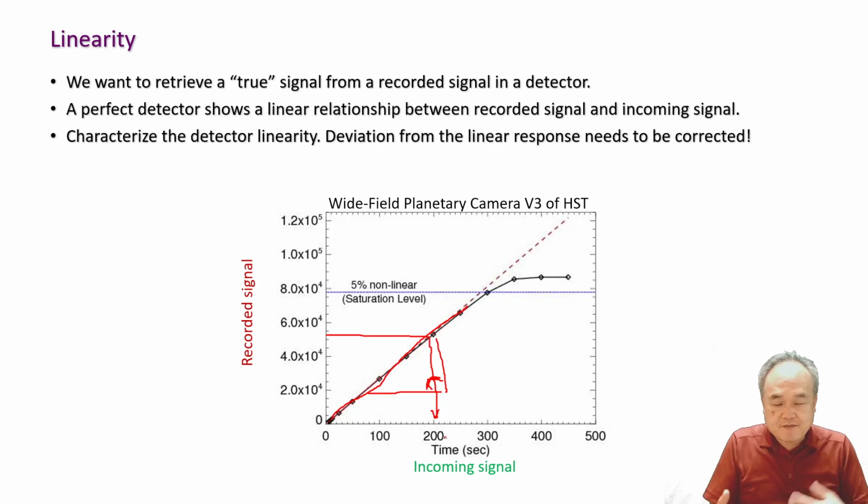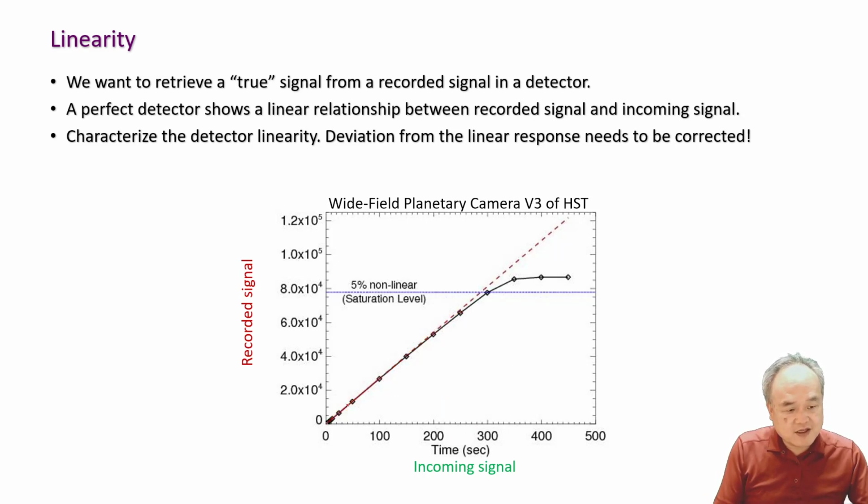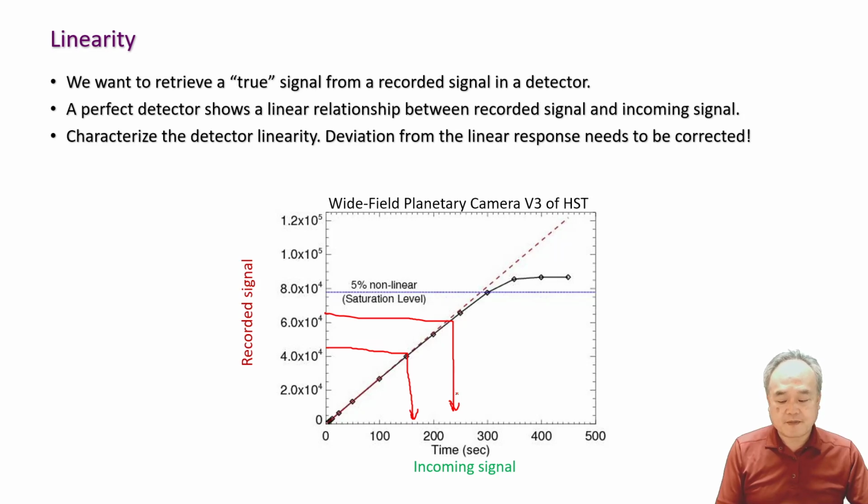By counting or retrieving the original number of incident photons from a particular source, that's our goal, right? So as long as the detector is perfectly linear, we can always retrieve the true incident number of photons.